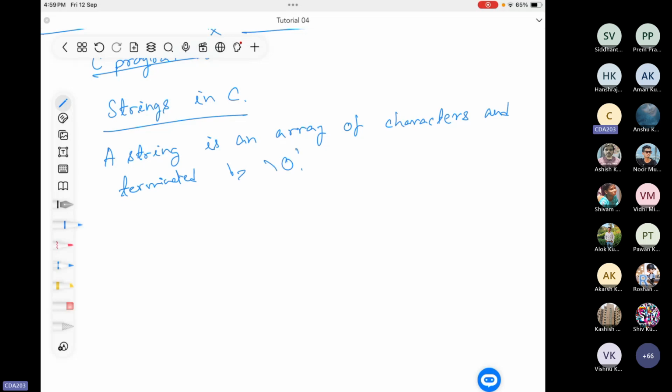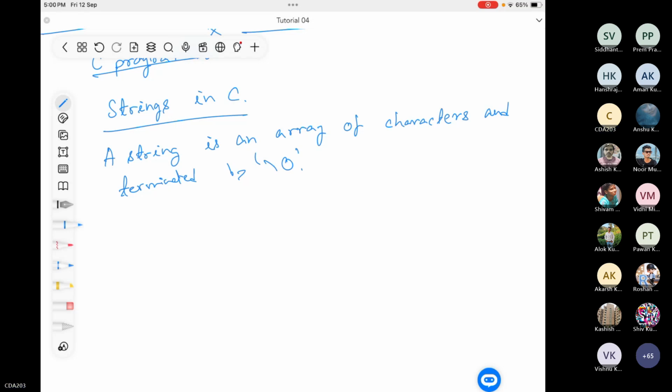This is called the null character. It's terminated by this. This null character is very important. It denotes that the string is ending here, and it's very important for manipulating strings.